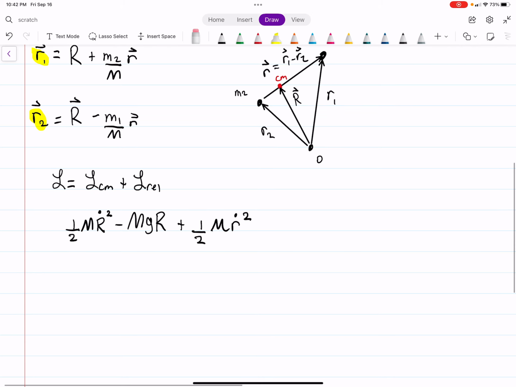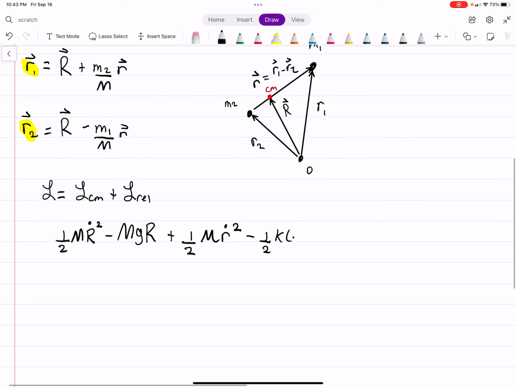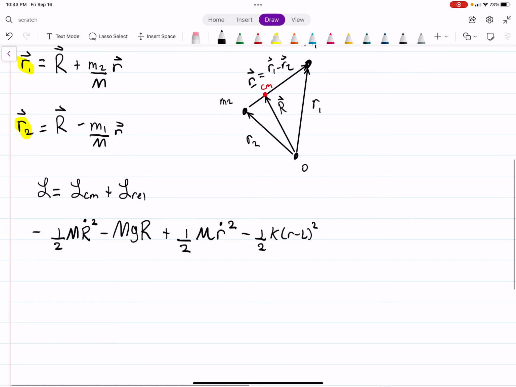The potential energy for a spring is 1/2 k times the displacement from the natural length, so we'll say r minus L, squared. So r is the distance between them, and we're subtracting off the natural length L. And that's the potential energy for the spring. Okay? So hopefully that all makes sense. This is your Lagrangian.